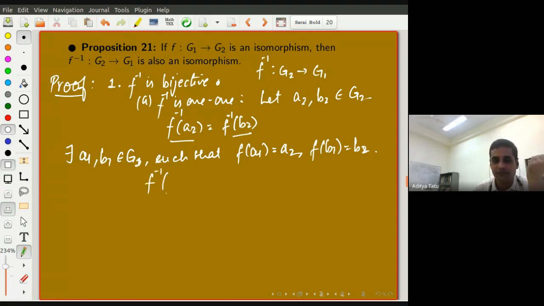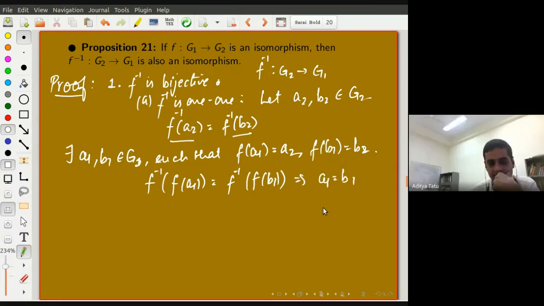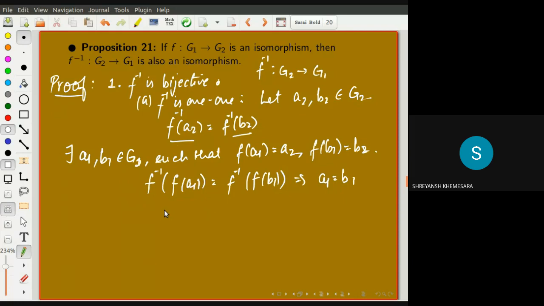Then I can write F inverse A2 is F inverse F of A1, and F inverse B2 is F inverse F of B1. Then F inverse f of A1 will be A1, and F inverse f of B1 will be B1. Then A1 is equal to B1.